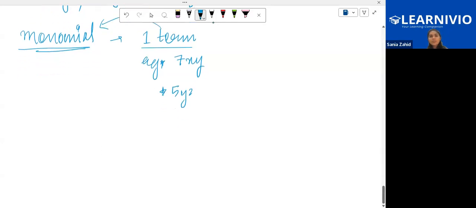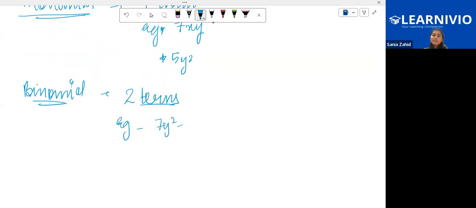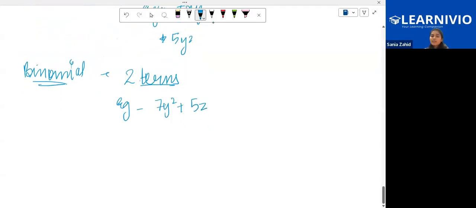Understood? If I talk about a binomial, in a binomial you have two terms. Let's suppose you can have 7y square plus 5z. This is one binomial example. Then you can have 6z square plus 2y.